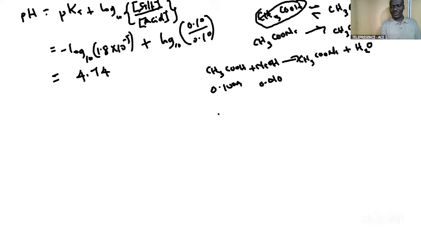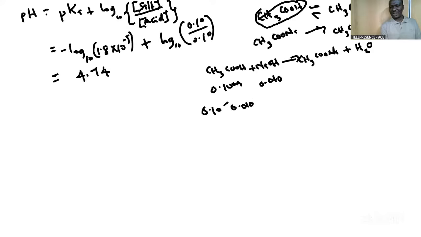So what's going to happen is that you're going to have 0.10 minus 0.010, because that's the amount. If 0.01 molar of sodium hydroxide reacts, it reacts with an equal amount of CH3COOH, because the mole ratio is 1 to 1. So by the time 0.01 molar of this has reacted, 0.01 molar of this also will have reacted.